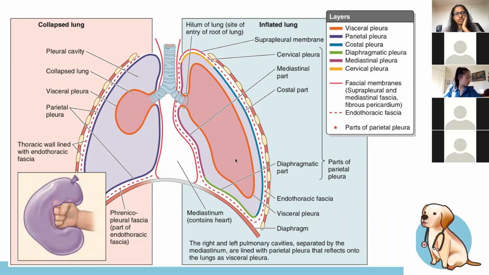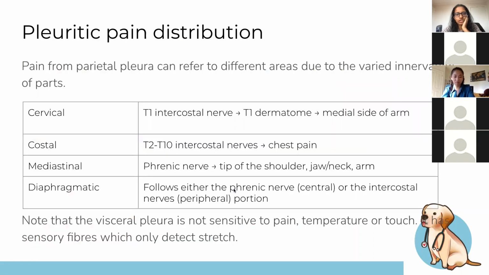What is really important to know about the pleura is that depending on what part you're at, the parietal pleura will have a different pain distribution because they're all innervated differently. In this table, you can find their innervation and the dermatomes to which pain from a specific area can go.